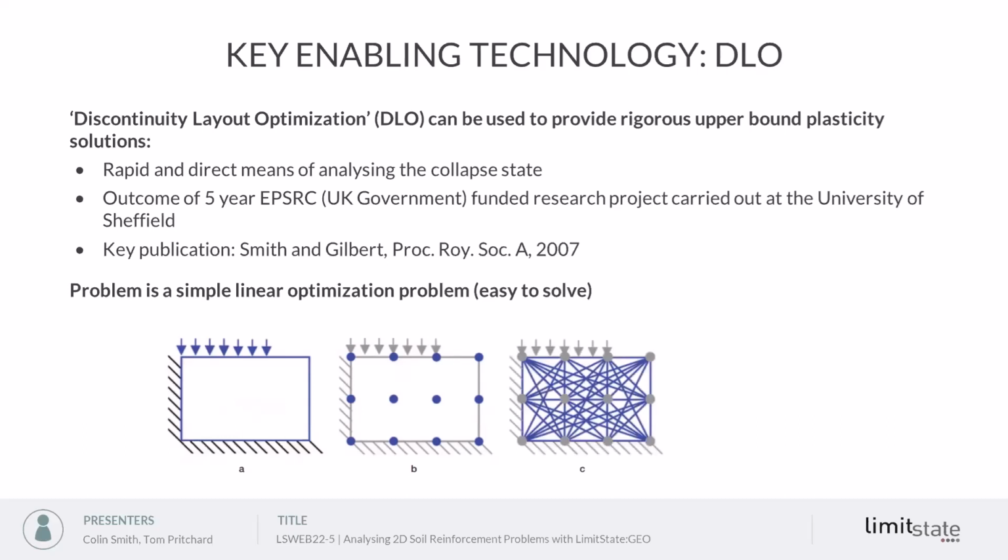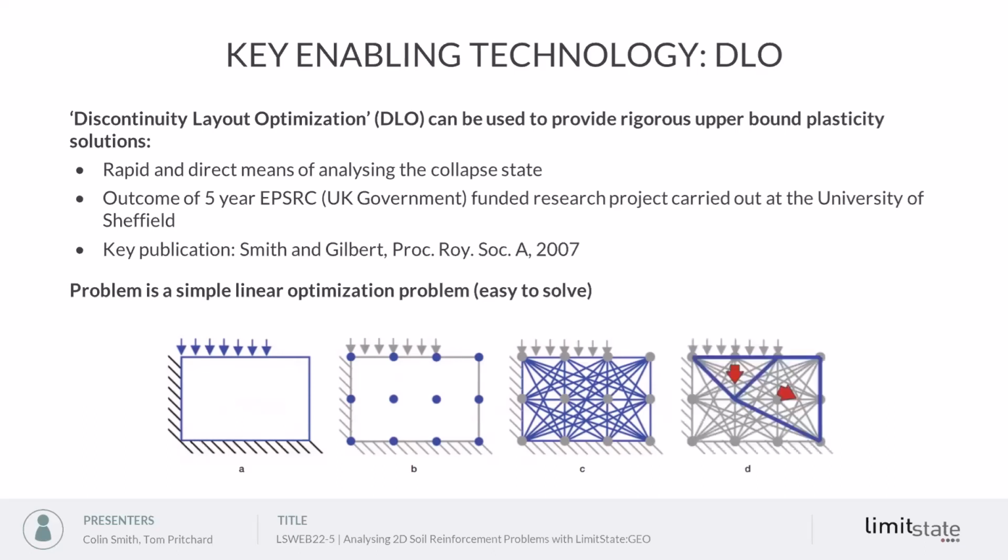And what we do essentially is we connect every node to every other node with a potential slip line. So here we've got 12 nodes. So we have 12 times 11 over 2, 66 potential slip lines. And then we use optimization to select out of those 66 lines, those lines that form the critical collapse mechanism that dissipates the minimum energy. And that turns out to be these 6 lines forming this very simple two-wedge mechanism.